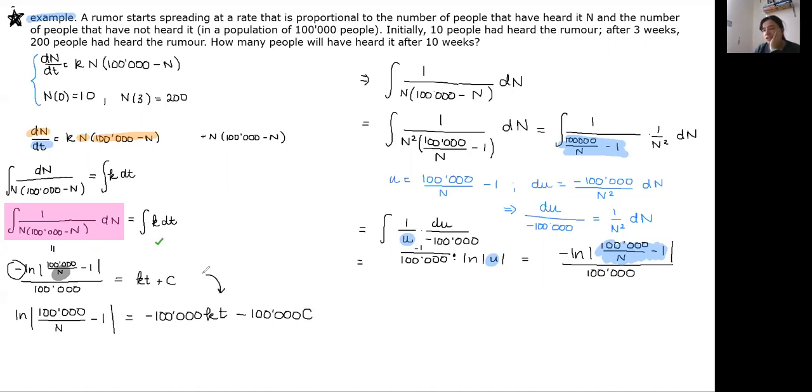Show of hand if you understand the transition from this step to that step. How come it's minus 100,000 times c and not just kt plus c, like in brackets? It's the same thing. It's just that I've already distributed the minus 100,000. Okay, so it's the same as minus 100,000 times kt plus c, or distributing it right away.